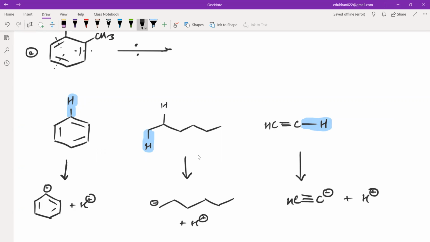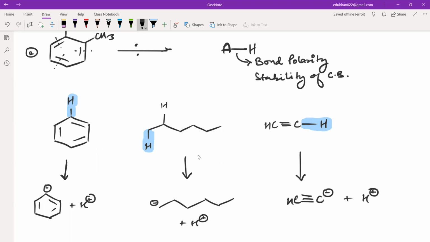For all of the bonds, we have to check first of all any of the carbon atoms bonded to hydrogen. If you remember equilibrium, we have discussed that the acidic character will depend on the bond polarity and stability of the conjugate base. Yes or no?